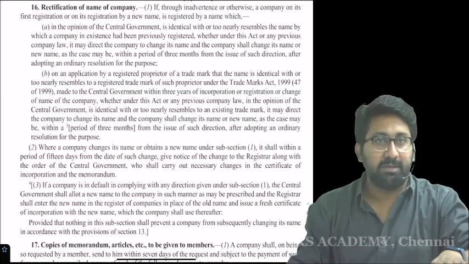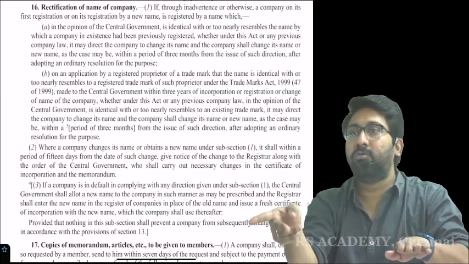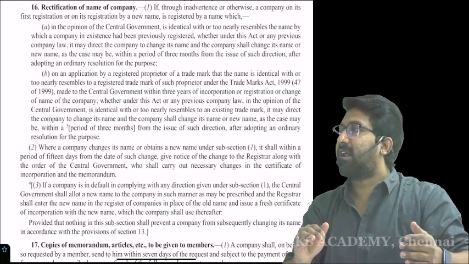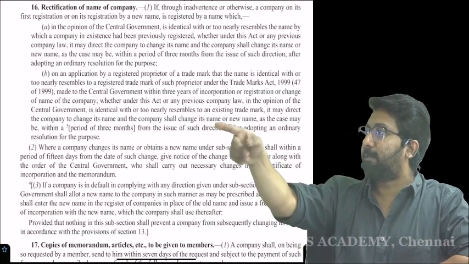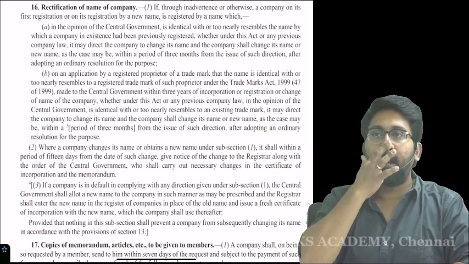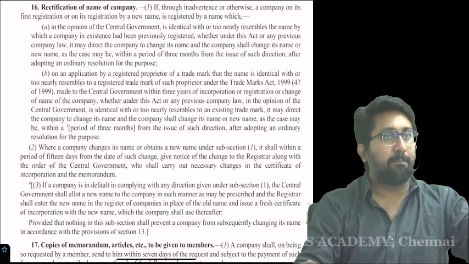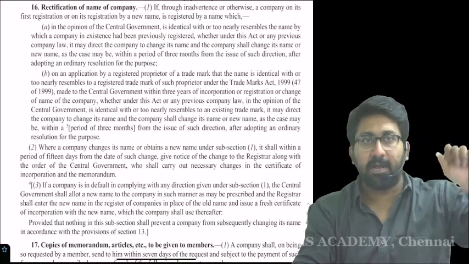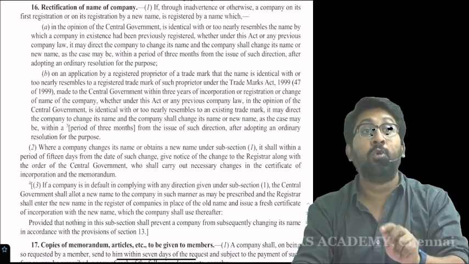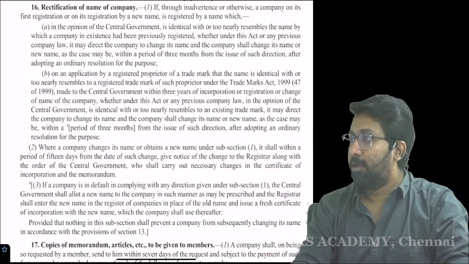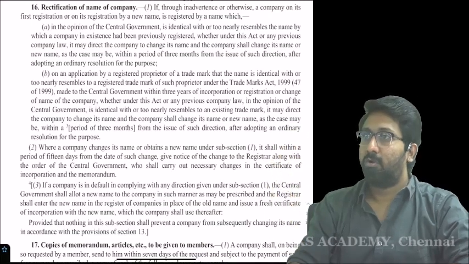Already one old name is there. I want to change that old name to a new name. Everyone in the class, tell me who is applying? Applying for a name. Can we have two types? You can apply for a name of a proposed company or apply for a new name for an existing company. In both cases you will apply. Who approved it?